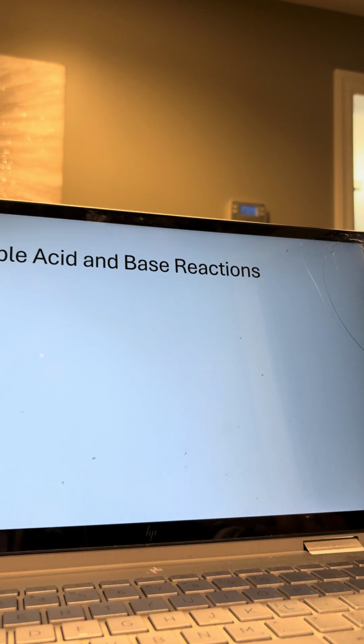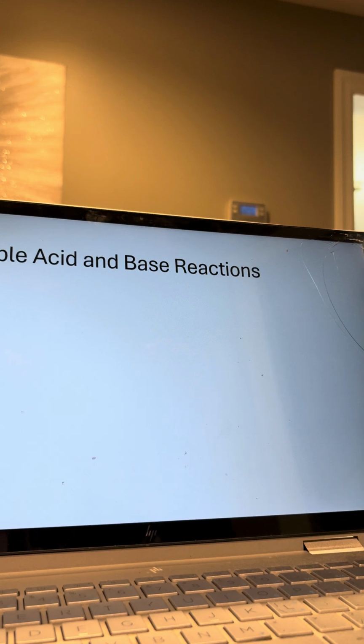Let's talk about reversible acid and base reactions and then relate it to strength of acids. So I'm going to give you an example of how you kind of analyze these different things. We're going to be bringing up now the conjugate pair of acids and bases.